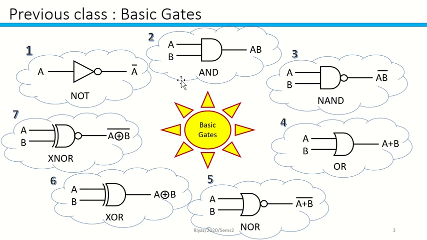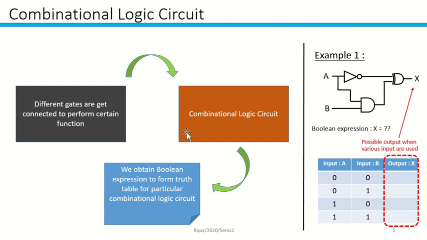This is one set of Lego, this is another set of Lego, another set of Lego. You're going to combine Lego 1 and Lego 2 together, for example, or maybe Lego 1 and Lego 3. That will form a combinational logic circuit.